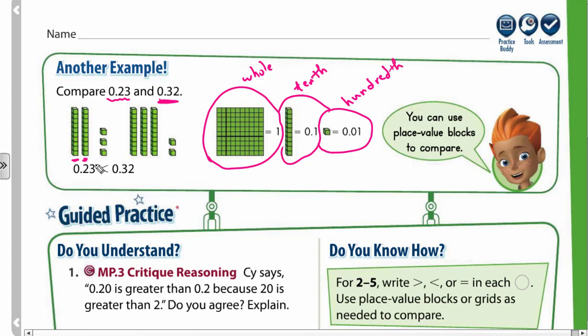And as you can see here, we have 2 tenths here, and here 3 tenths. So do not compare the hundredths. We stop and we say that 2 is less than 3. So 23 hundredths is less than 32 hundredths.